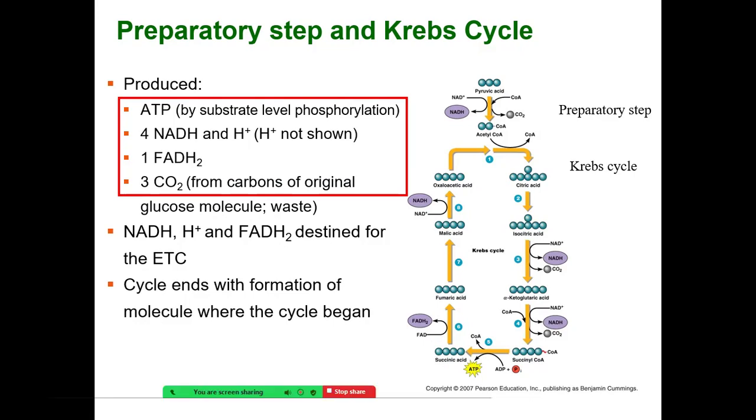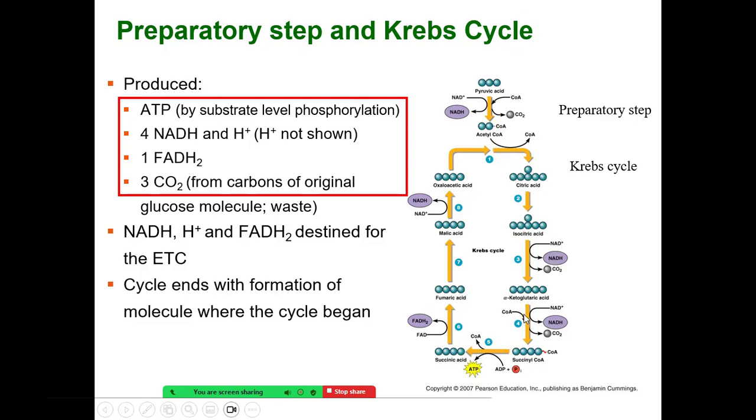Anyways, when we take this molecule to make that molecule, we generate a molecule of NADH. And then this molecule is oxaloacetic acid, the molecule we started with. Why is it called a cycle? Because this cycle keeps repeating in the cell as long as we have acetyl coenzyme A coming in.